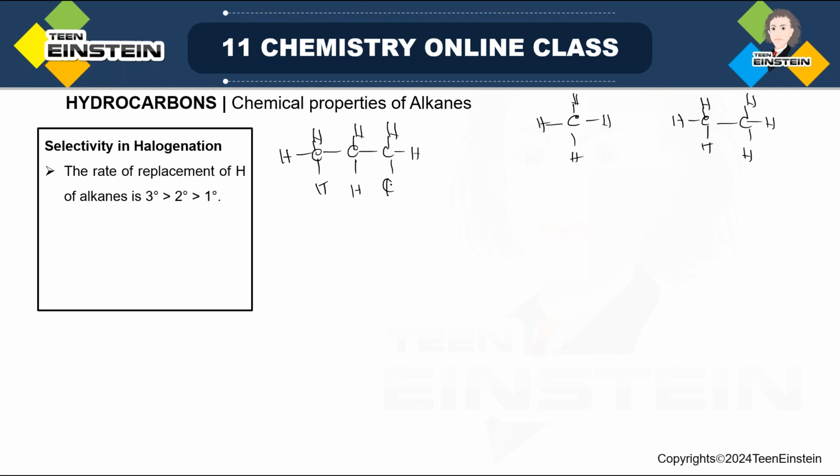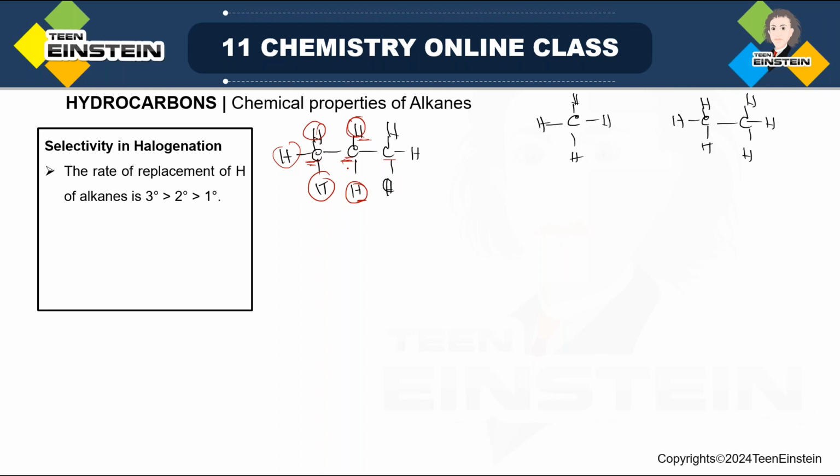So for the two terminal carbons, these three hydrogens are attached to the carbon, and this middle carbon, these two hydrogens, if you consider, this carbon is attached to two carbons. So these two hydrogens are 2 degree. This carbon is 2 degree because it is attached to 2 carbons. And the hydrogens that are attached to 2 degree carbon, that is also 2 degree.